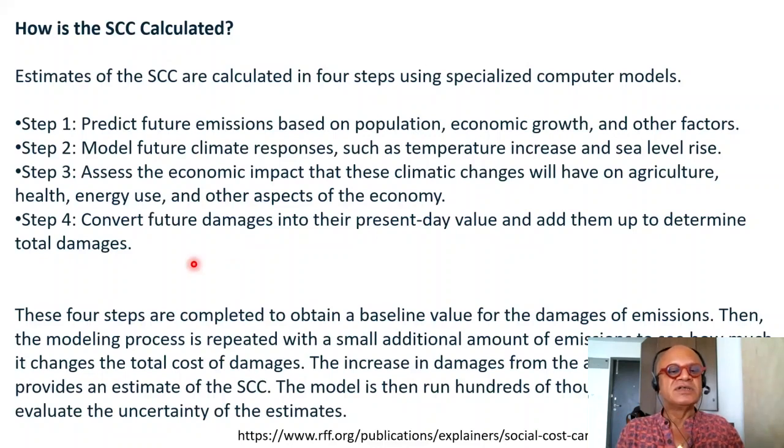For example. Step 4, convert future damages into their present day value and add them up to determine total damages. So this is where something called discount rate is involved, how to estimate future damage in their present day value. So discount rate is something you probably have been exposed to somewhere else.